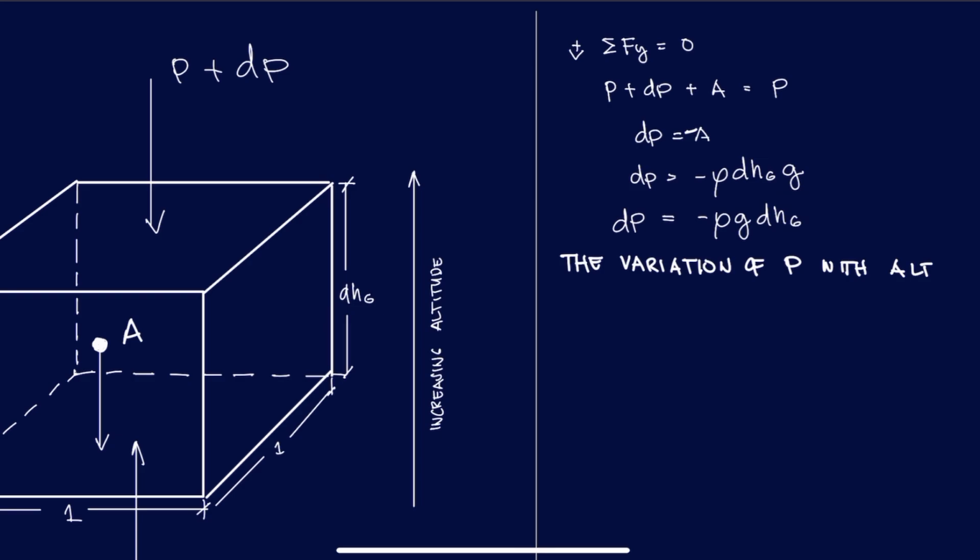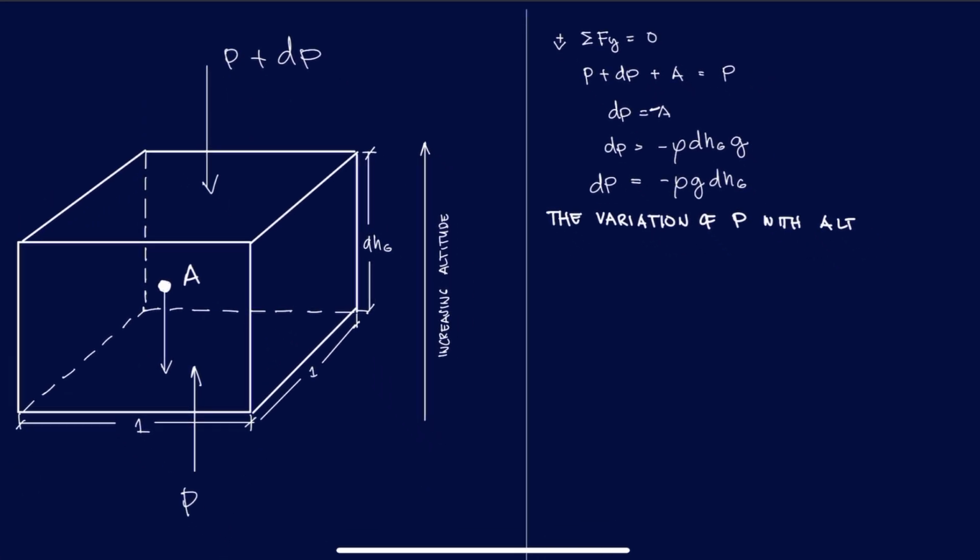This is a differential equation explaining the variation of pressure with altitude, and it allows us to model the atmosphere in terms of changes in pressure with altitude.